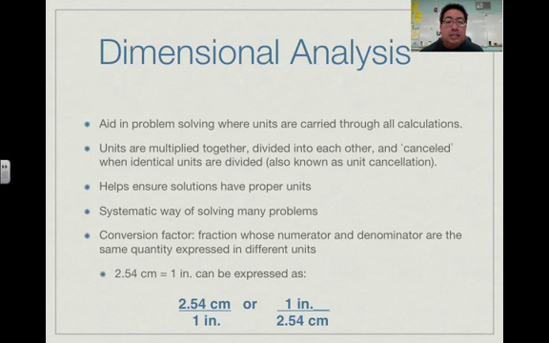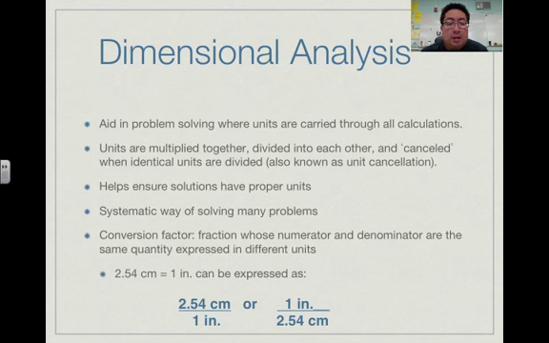What's nice about this is that it helps us organize what we're going to multiply and divide by, and also helps us make sure that we have the proper units in our final answer, because if we don't end up with the units that we're looking for based on what the question is asking, then we know we did something incorrectly. It's also very systematic and something we're going to be using a lot in the beginning part of this chemistry course.